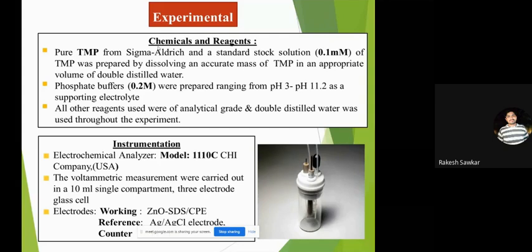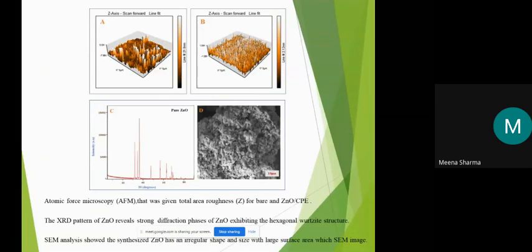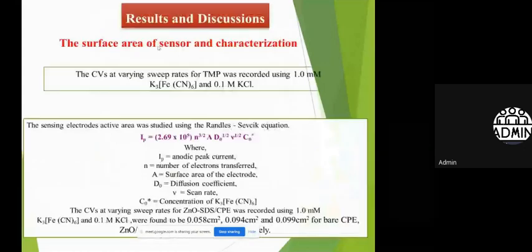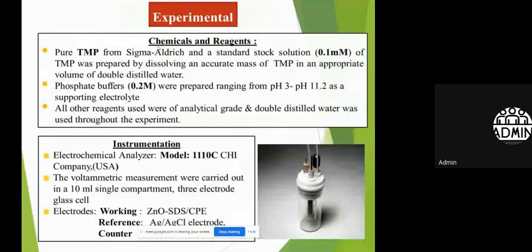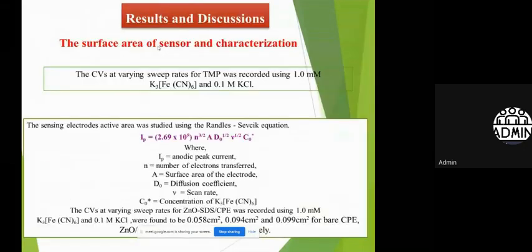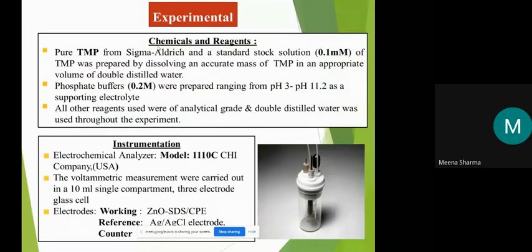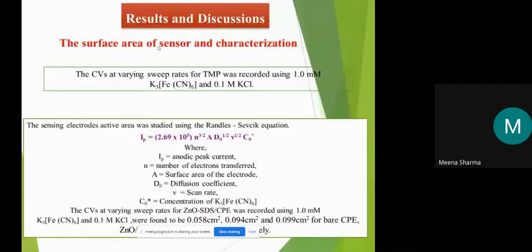The voltammetric measurements were carried out. I cannot see your slides moving, please. It is just on the first slide. Ma'am, slides are moving. I think there is some technical internet problem at your end. Kindly check.